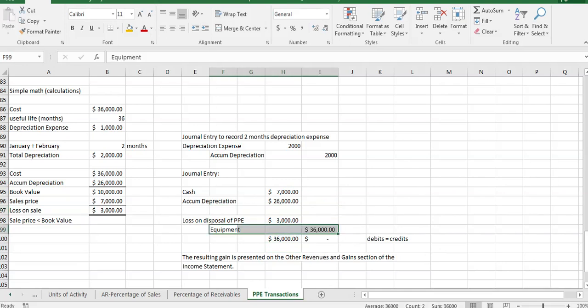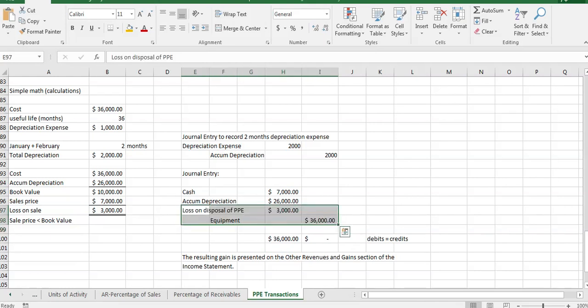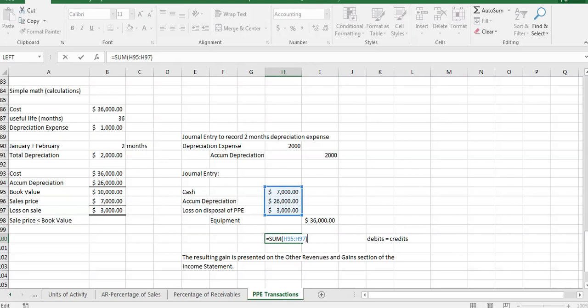We have the debits together and the credits. Let me correct the formula so we make sure that it is set up correctly, and both debits equal credits, and the resulting loss will be shown in the other expenses and losses.